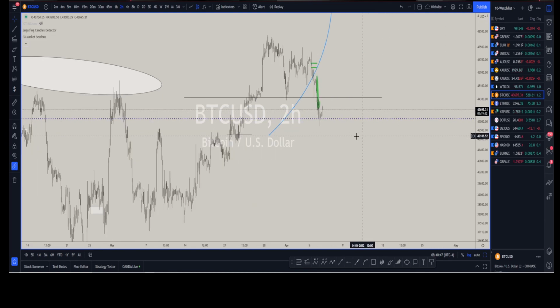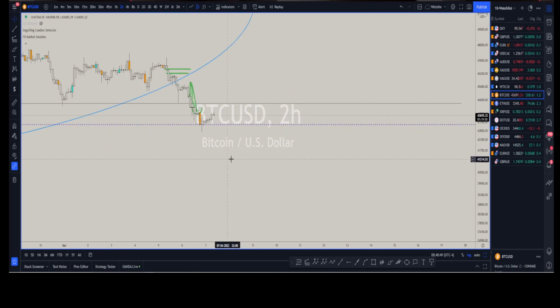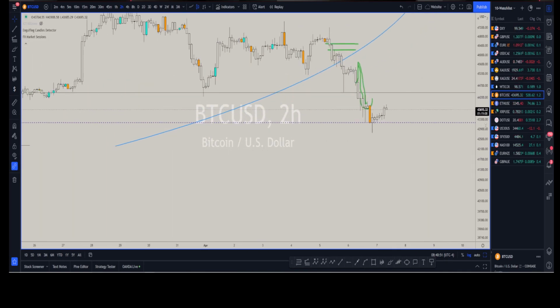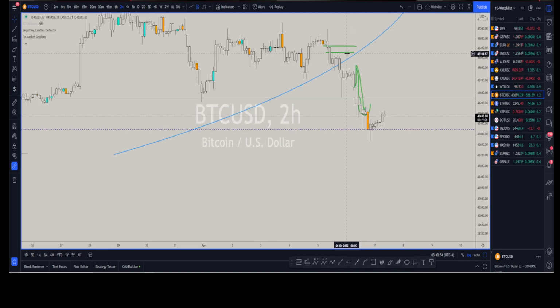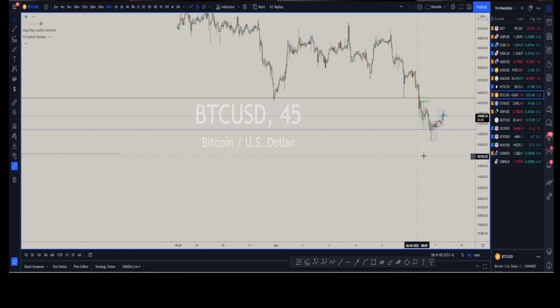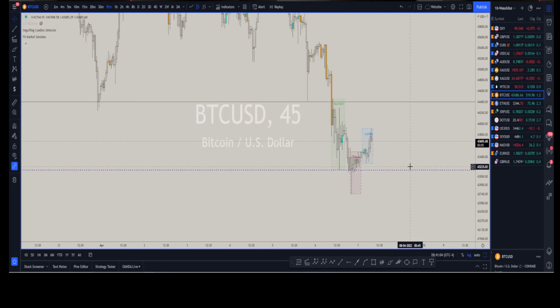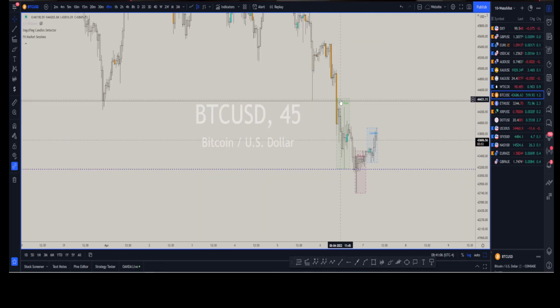BTC, still down to come. Clear these out from here. Hopefully most of you benefited from yesterday's move into this fair value gap up here and drop, continue. That was the news mess and drop.